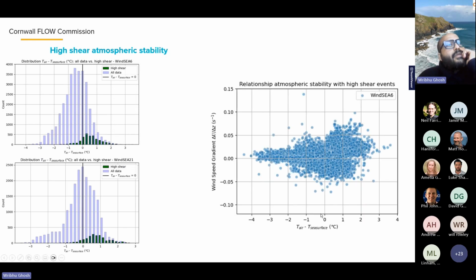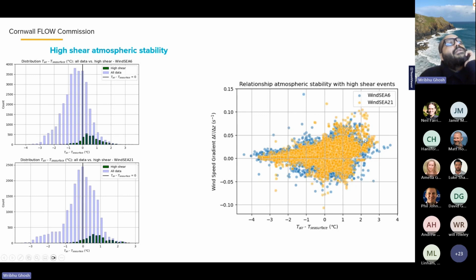This is a scatter plot, where along the y-axis is dU/dZ, delta U over delta Z, and along the x-axis I am plotting T air minus T sea surface. This is the 0. It is not the best depiction of what we are talking about, but you can still see that beyond when the air temperature is higher than the sea surface temperature, more of these events happen.